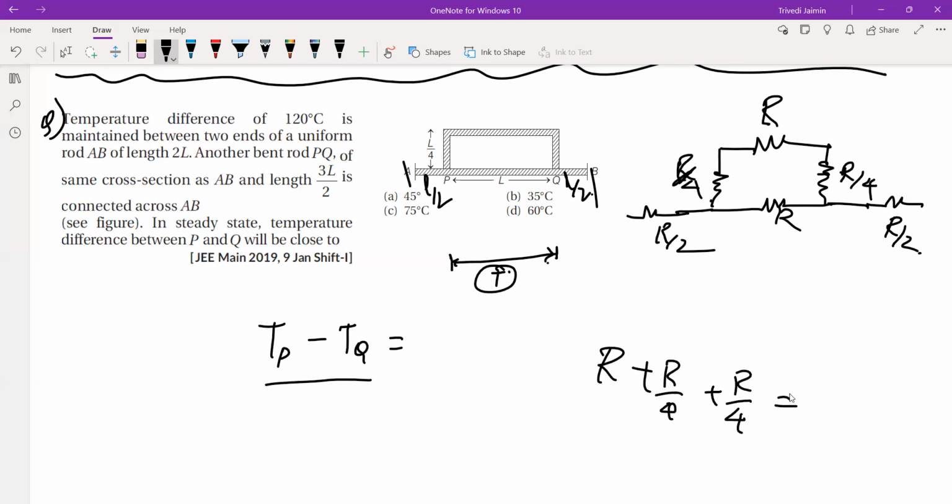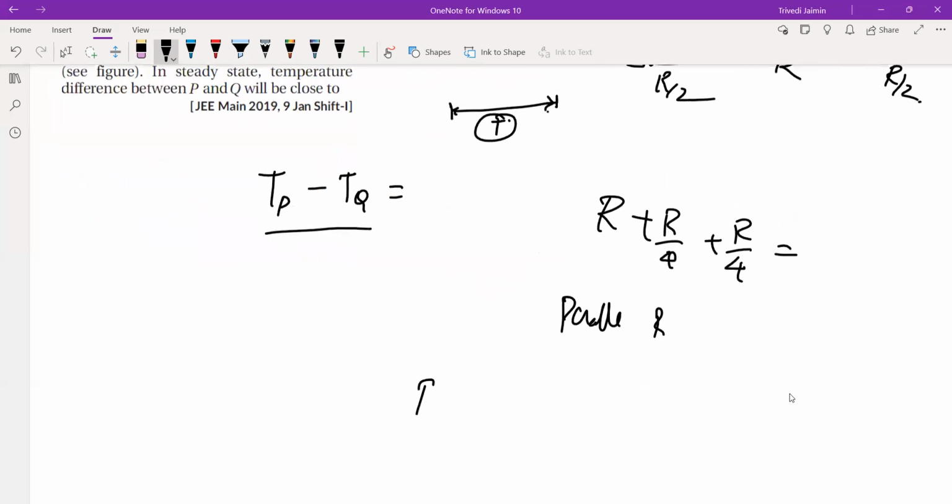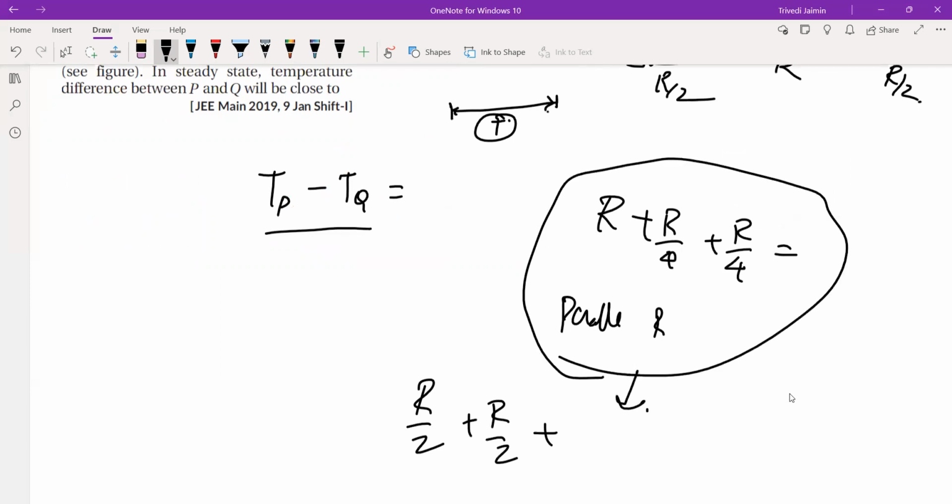And this is in parallel with R. And R by 2 plus R by 2. So this will be parallel with R, and this combination will be in series with R by 2 plus R by 2 plus this total value. Calculate this total value and tell me what is the R value.